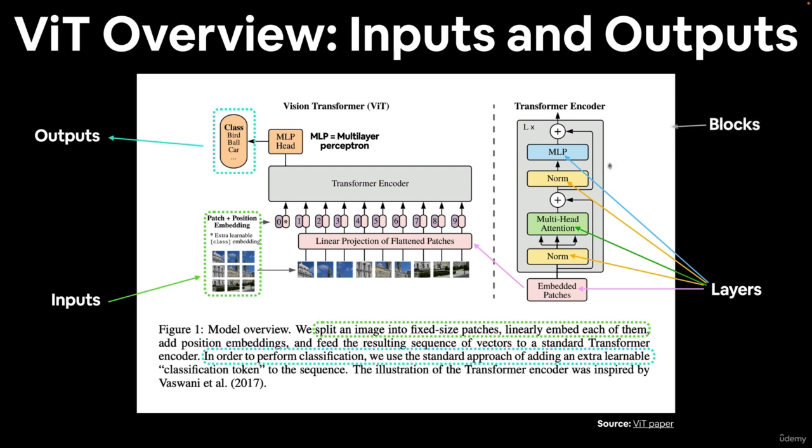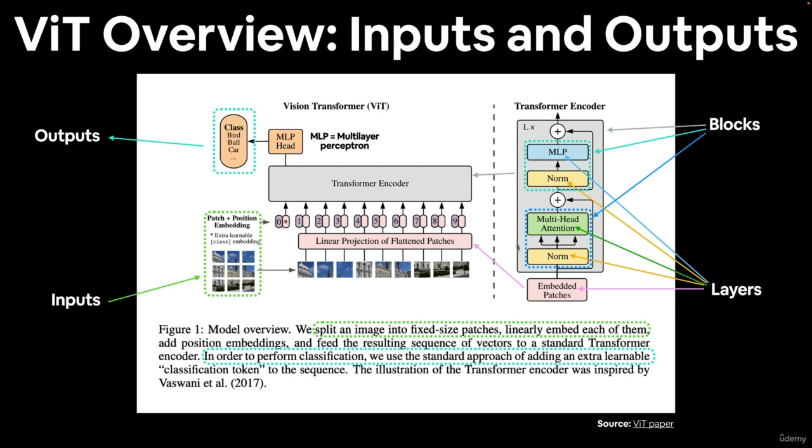And if we combine these, we get blocks. So we have a block here. This is in the paper known as the MSA layer or MSA block, which is a norm layer coupled with a multi-head attention layer. Recall that blocks are a stack of layers. And then we have another block here, which is an MLP block.